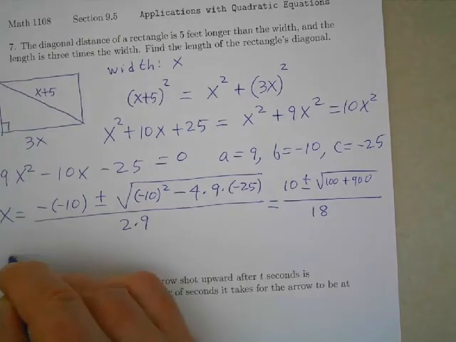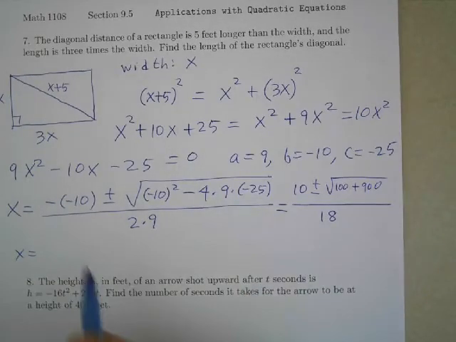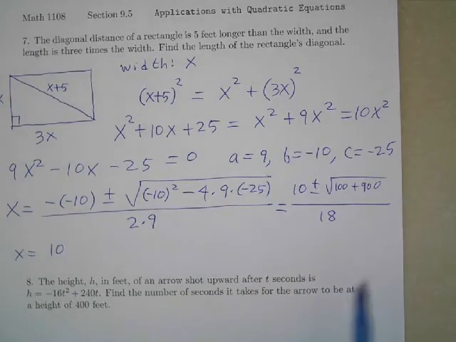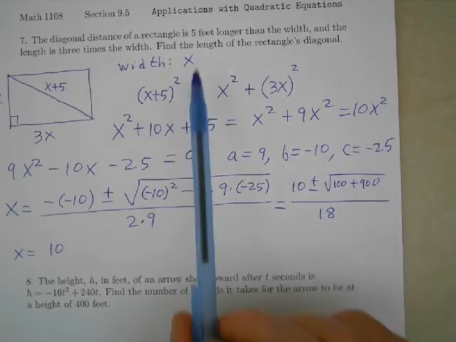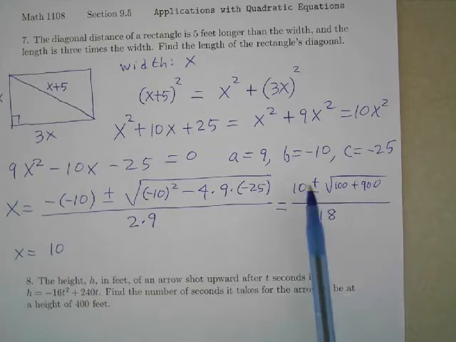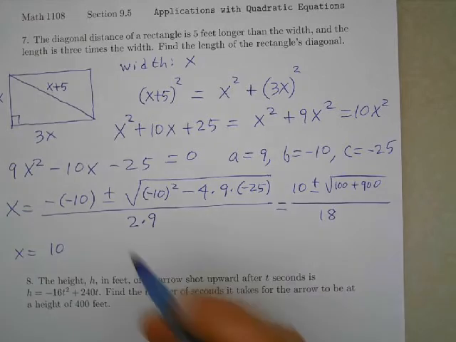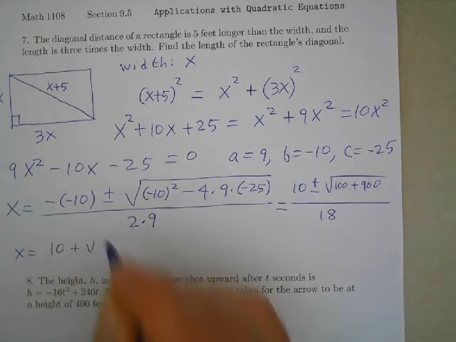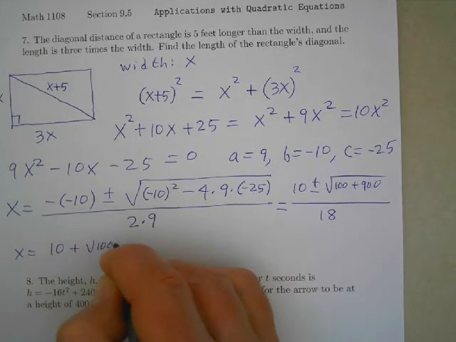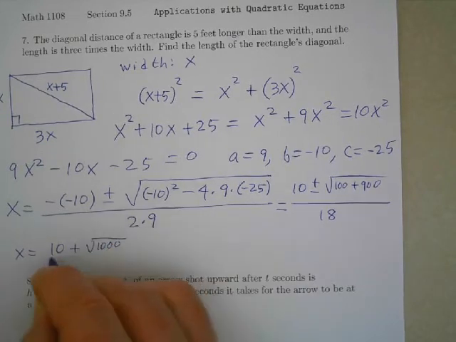And so we get x equals 10. Since x represents the width of a rectangle, we don't need to consider the solution we get by subtracting, because that second solution is negative. So we'll just look at 10 plus the square root of 1,000, all divided by 18.